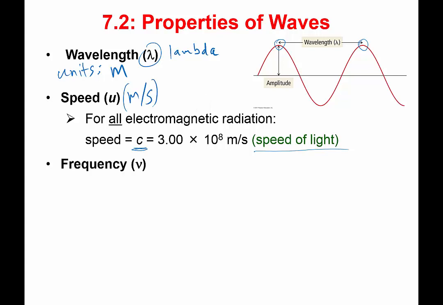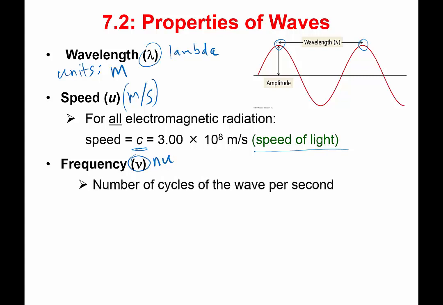The next property of the wave is called the frequency, and that's symbolized by the Greek letter nu. Kind of looks like a V, but it's actually nu. And so the frequency is the number of cycles of the wave that pass per second. So for example, if you're looking at waves in the ocean, if you were to count how many waves pass by each second, that is the frequency. So the units of frequency, since it's the number of cycles per second, are inverse seconds.